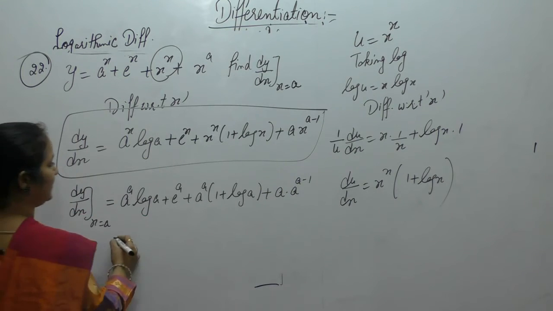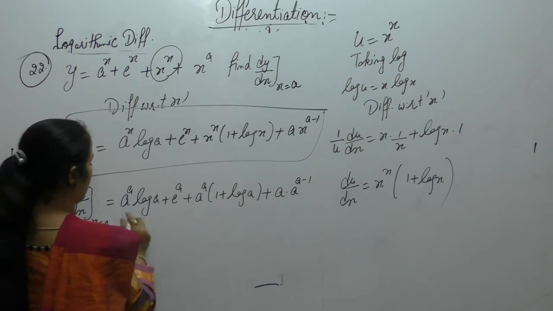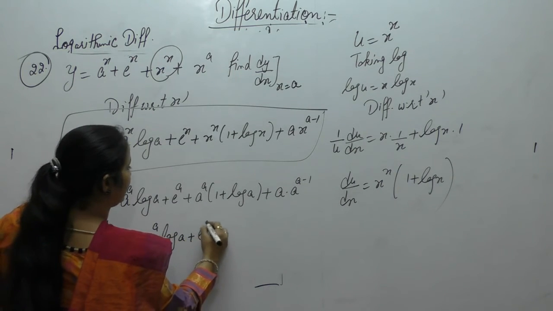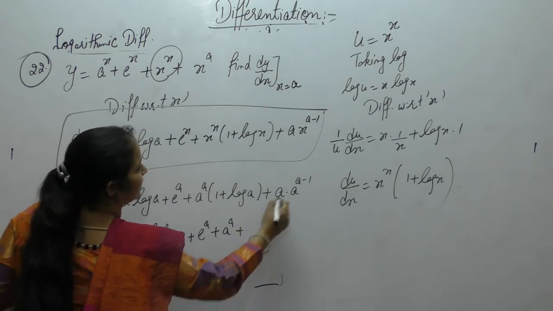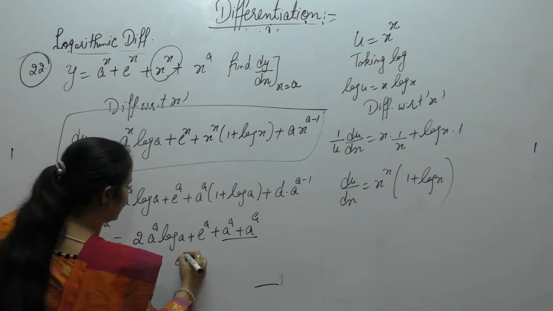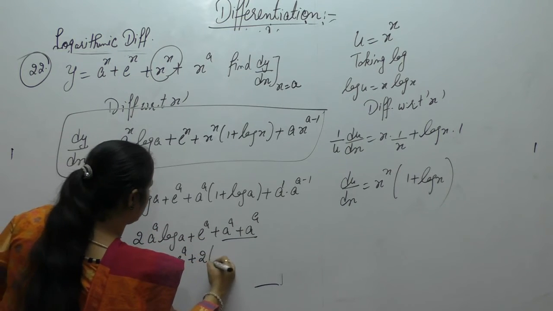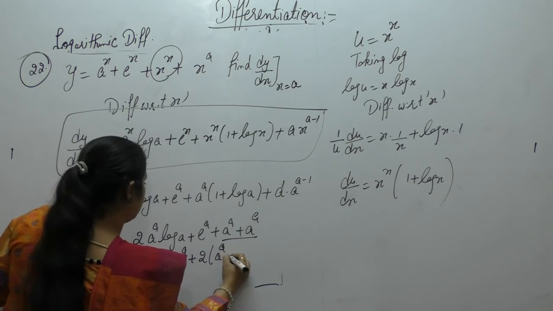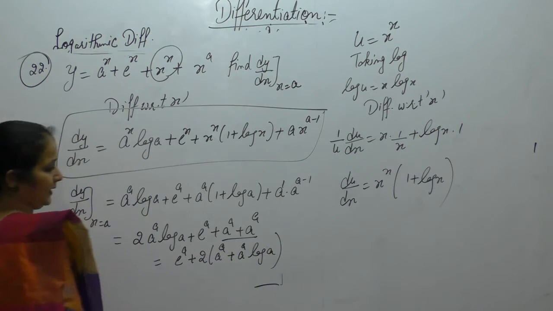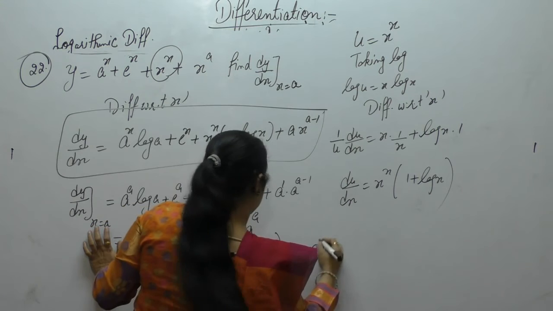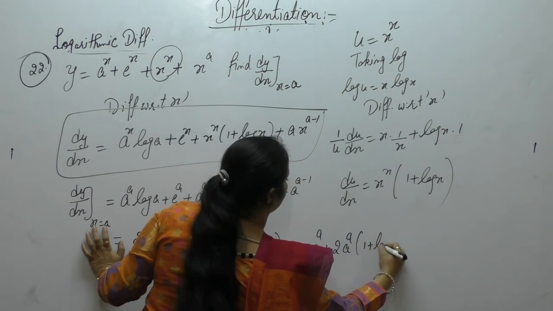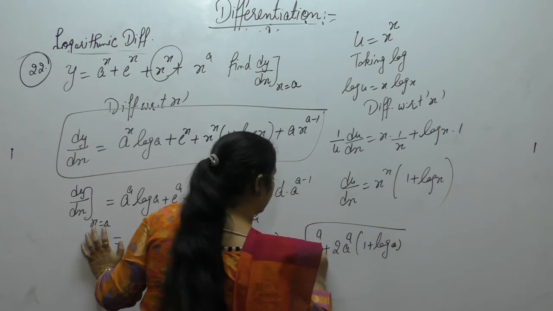So what we get: a power a log a 2 times हो गया, 2 times a power a log of a, e power a, plus a power a minus 1 plus 1, a power a. This is also 2 times. So e power a plus 2 into a power a plus a power a log of a. Take a power a common: e power a plus 2 times a power a 1 plus log of a.